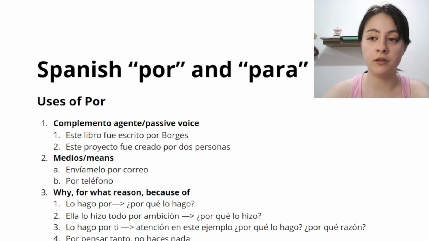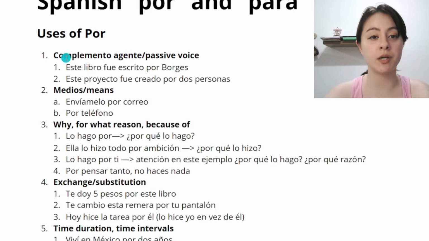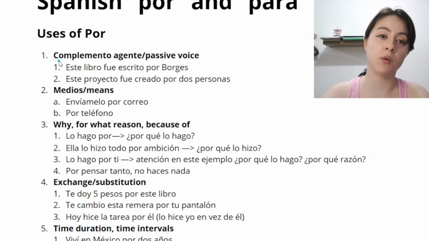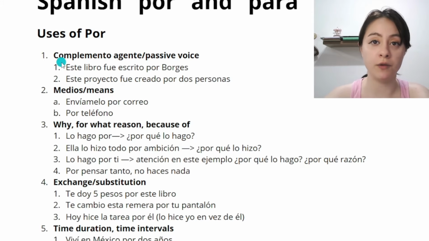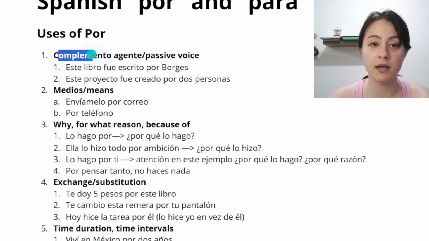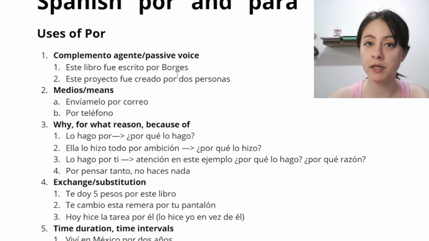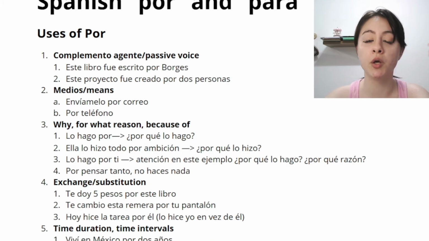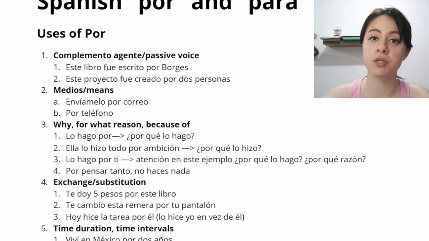We had several use cases for this. I will start with the simplest ones, the ones that are less likely to make you feel confused. So, first case, it is the complemento agente, or to make it simpler in English, it's like a passive voice that you use when you want to express that someone or a group of people did something, and that it's done by someone.